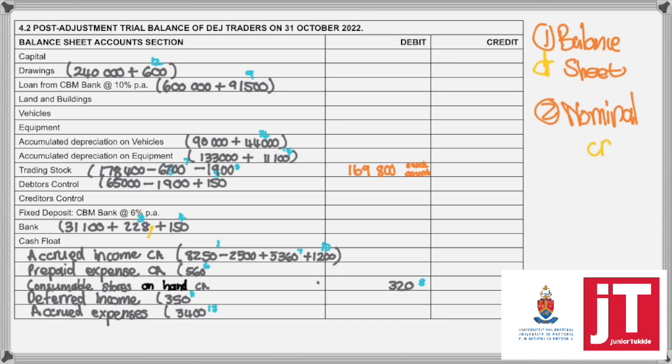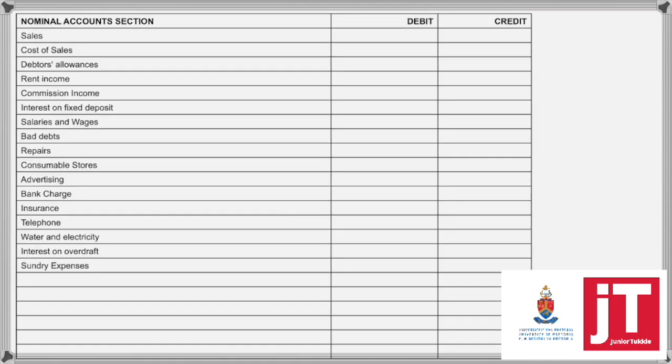I hope you followed. And now we're going to look at the nominal section, but yet again step by step from the start. So nominal section account, and we're going to go back right to adjustment number 1. So adjustment number 1 was the rent accrued that we need to offset.